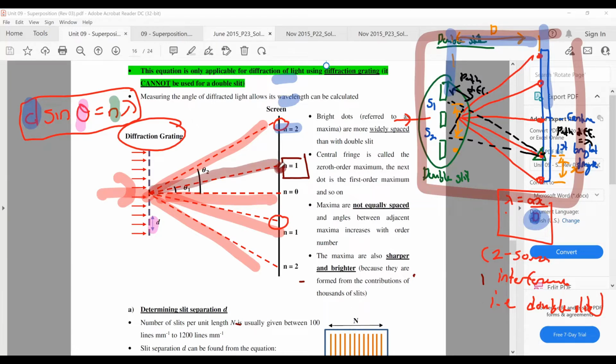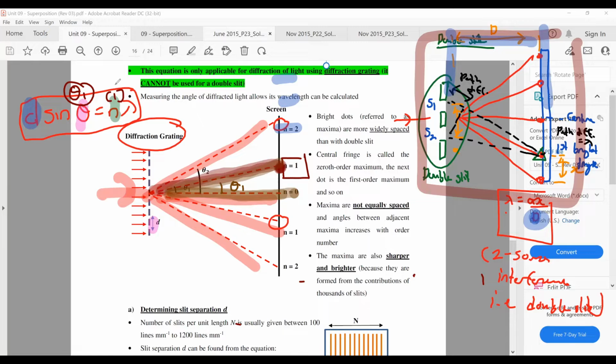This is the first order bright dot represented by this line. If I'm doing any calculation that involves the first order, the angle I use must be the angle for the first order, which means it is the angle between the center line 0 and the first order. This one is actually my theta 1.